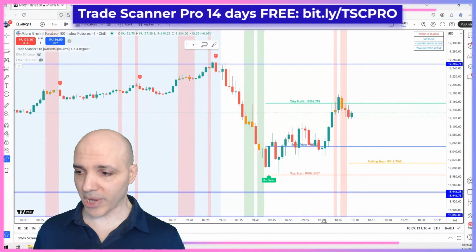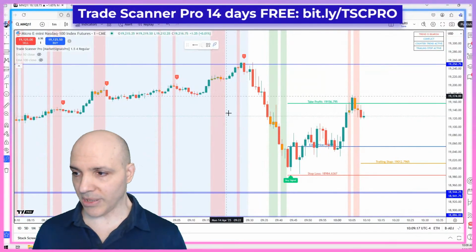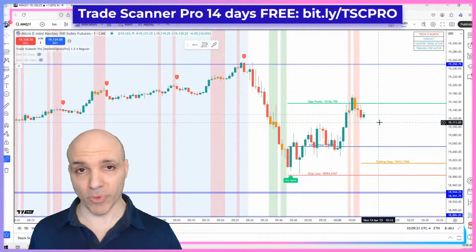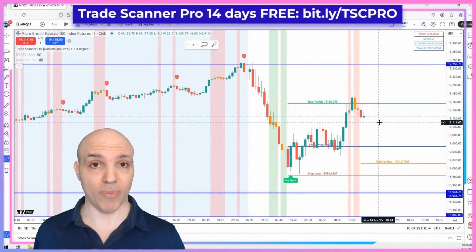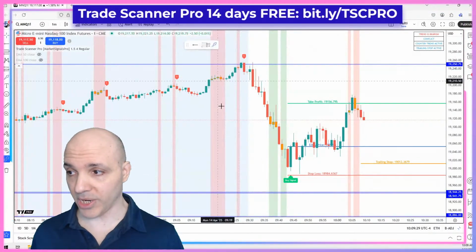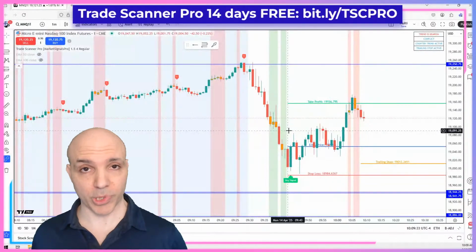Now, using the Trade Scanner Pro with something like Apex, because it has a nicely defined risk and all that stuff, you really shouldn't have a problem with the trailing max limit, the trailing loss limit, because this thing should be getting you out way before that becomes an issue, right? Unless, of course, you're too big with your size.